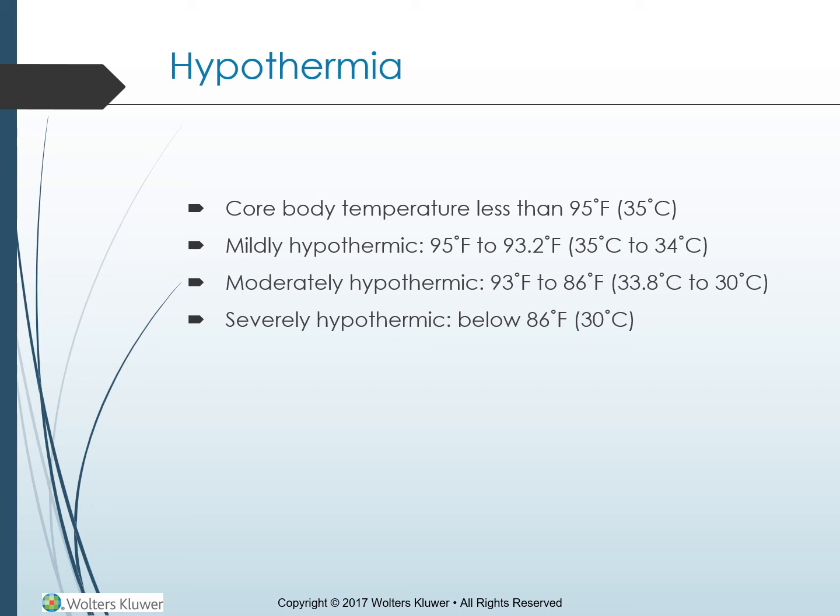Also limit activity, push fluids, give light, high-calorie, frequent nourishment, and give antipyretics, but no aspirin due to the risk of Reye's syndrome, which could cause liver damage and brain damage. Reye's syndrome follows giving aspirin to a child who has a cold, flu, or chickenpox. It is rare, but it does occur from giving aspirin.